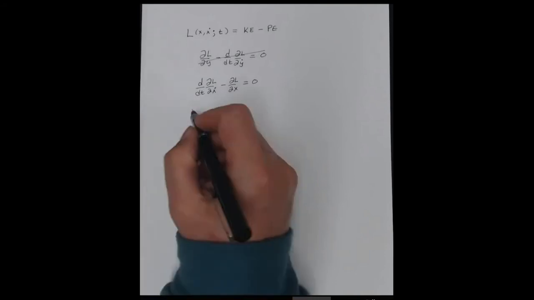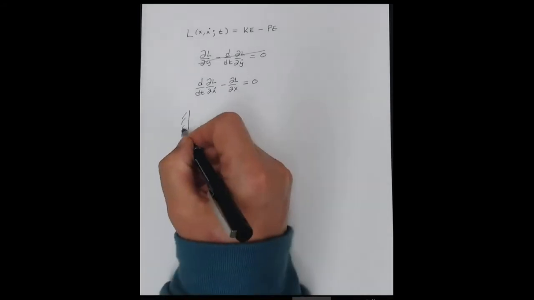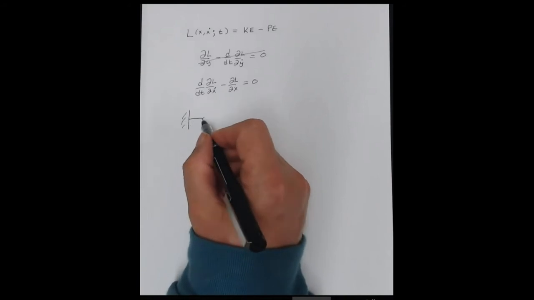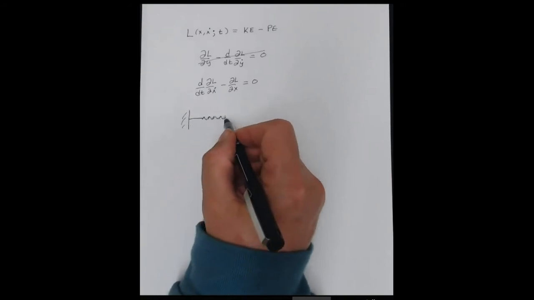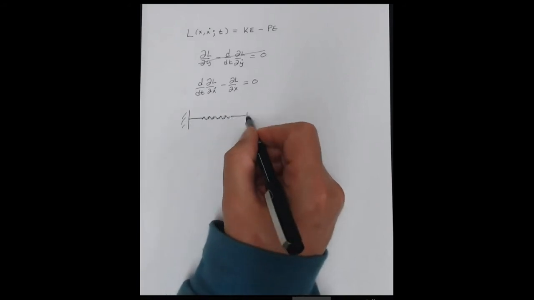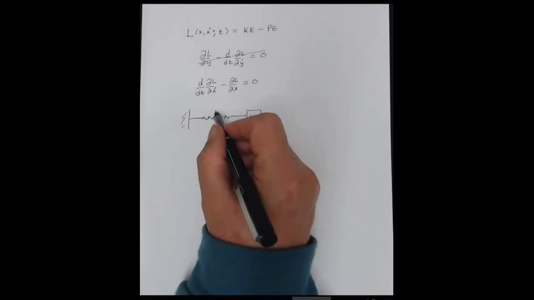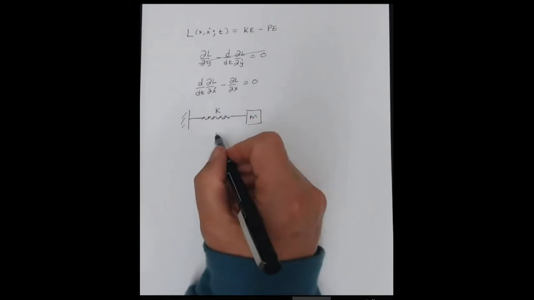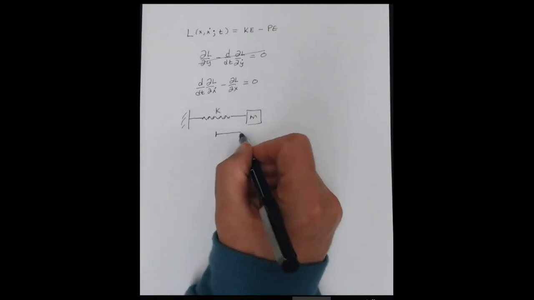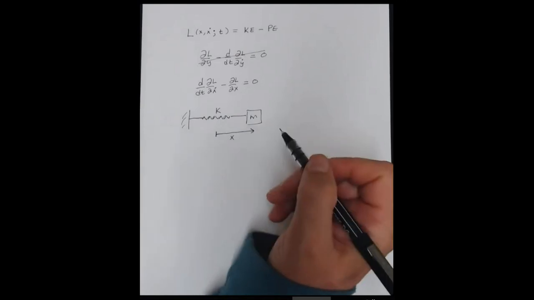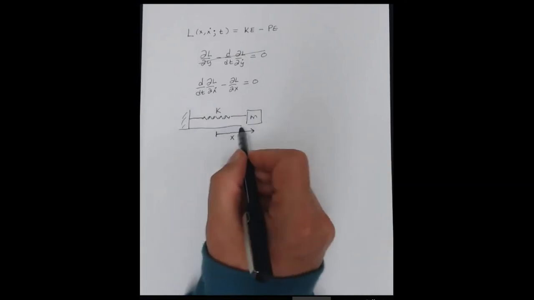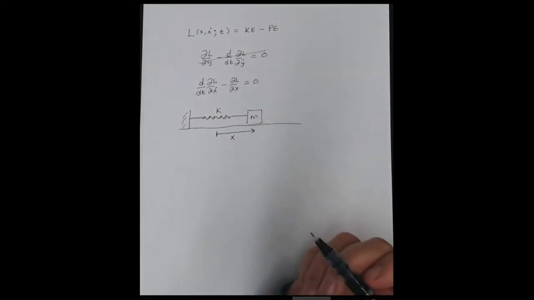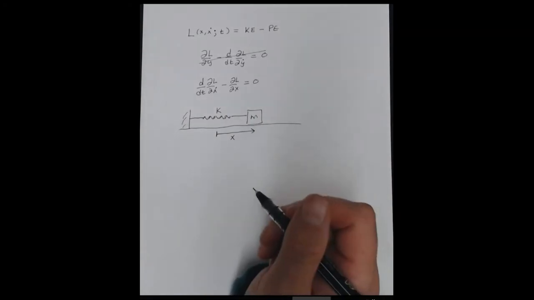So let's look at the harmonic oscillator, the canonical problem. Have a mass attached to a spring constant K. Is stretched from its equilibrium point by a distance x. And let's try to find the acceleration for this.